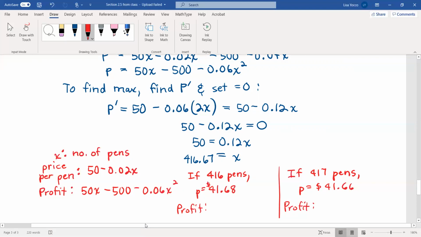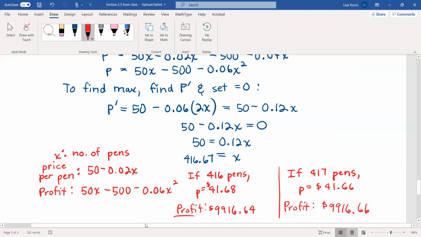All right, so for 416 pens, the profit is $9916.64. And for 417, well, it's a difference of 2 cents. It's $9916.66.